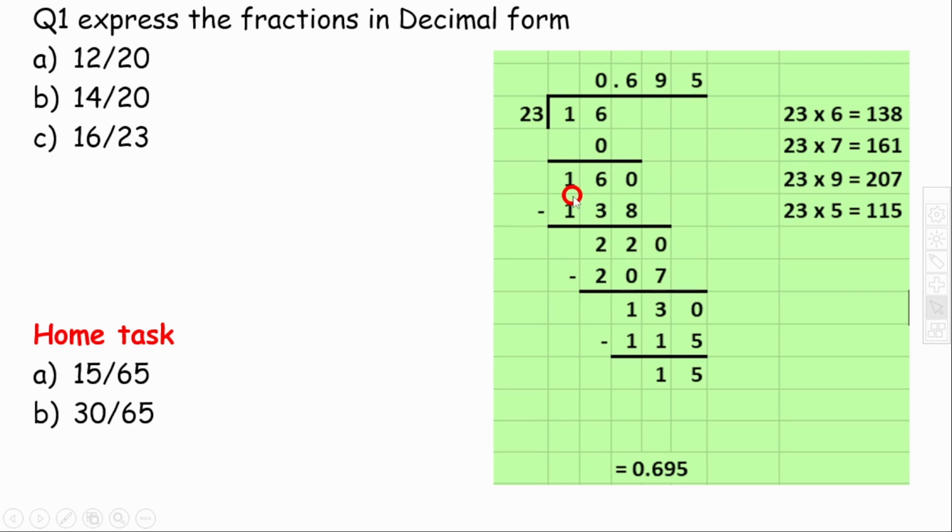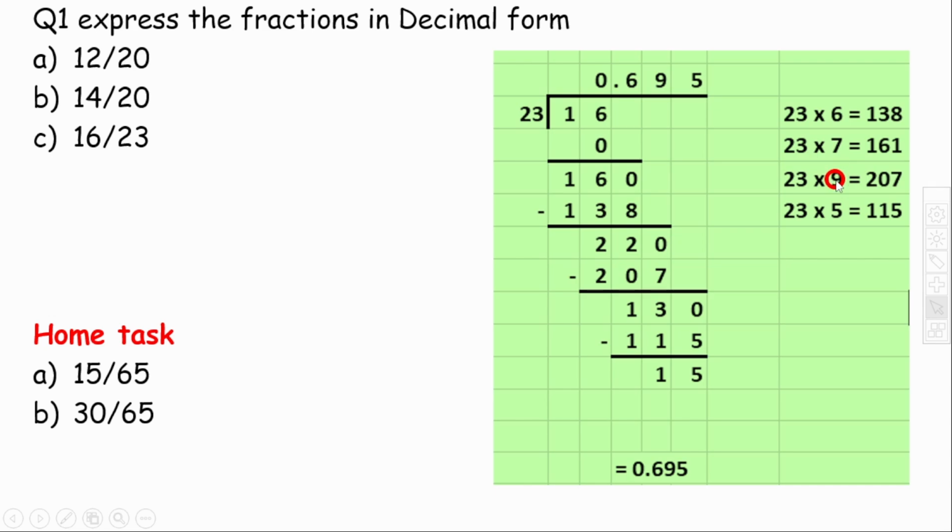After adding 0, we now ask ourselves, how many 23 can you find in 220? You do your multiplication table again. 23 times 6, 138. 23 times 7, 161. 23 times 9, 207. 207 is not yet up to 220. So we try the next one. 23 times 10 is 230, which is more than this.